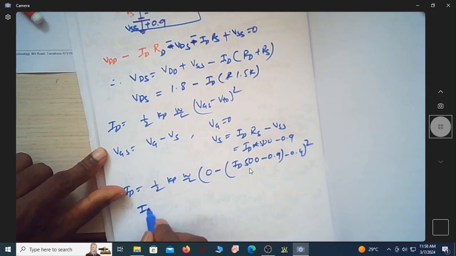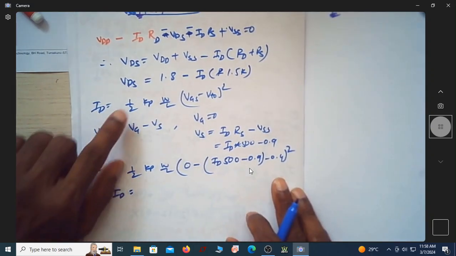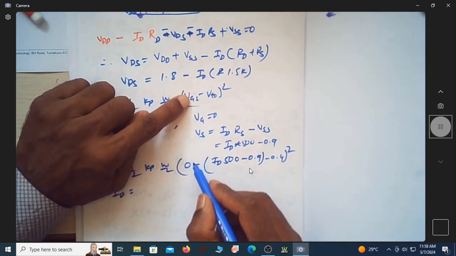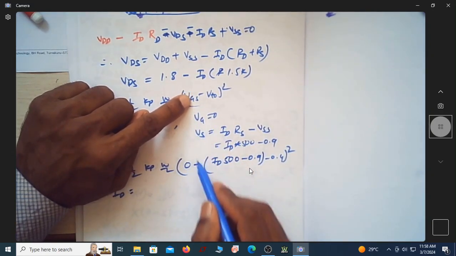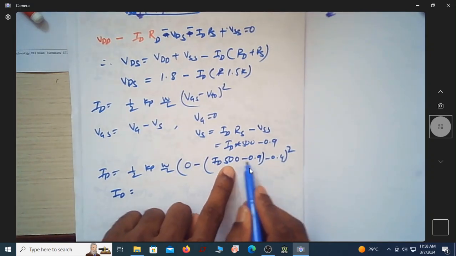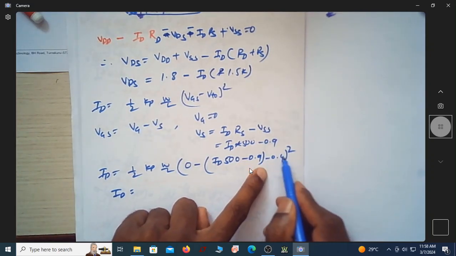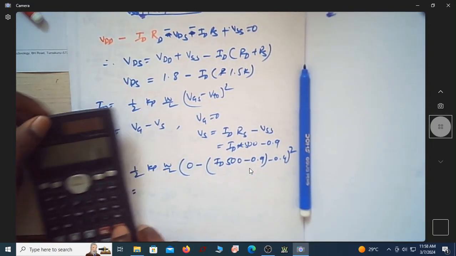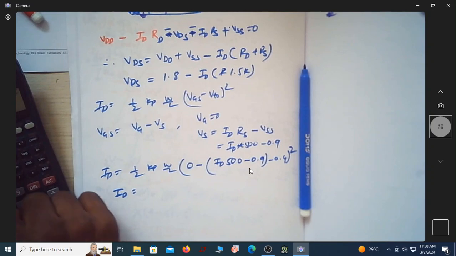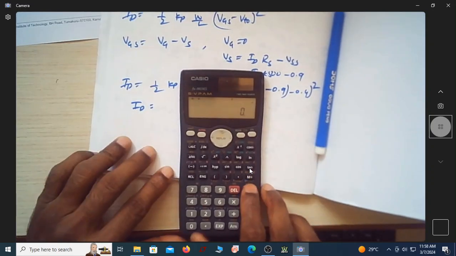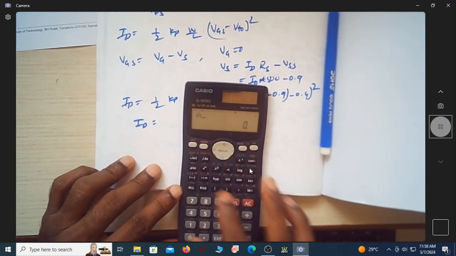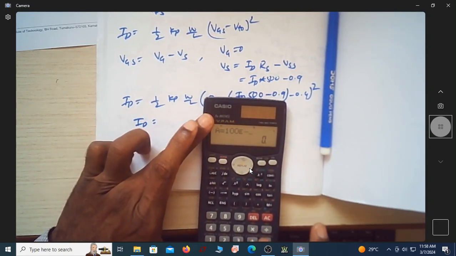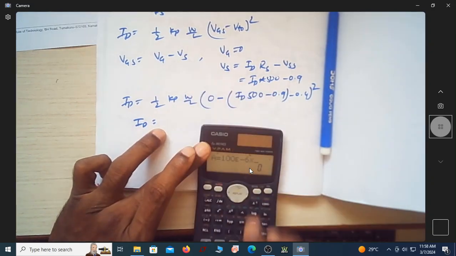I need to look for the ID value. This is fine, half Kp W by L. So let me find ID. Kp is 100 exponential minus 6, and W by L is 40.